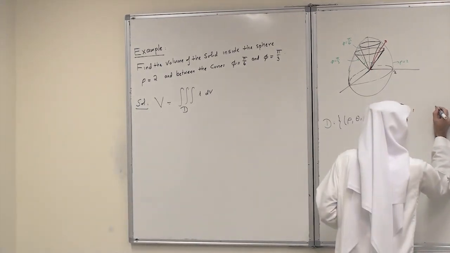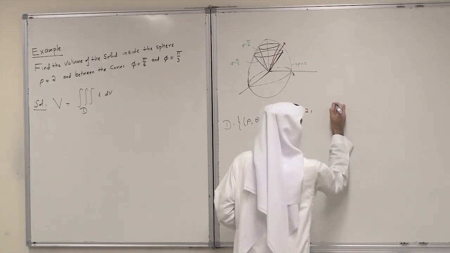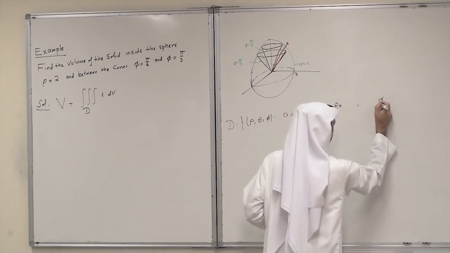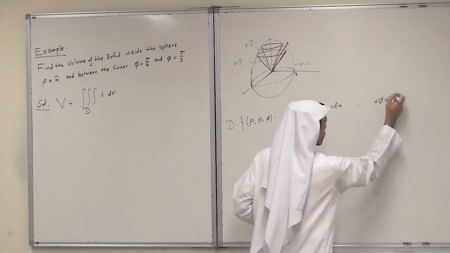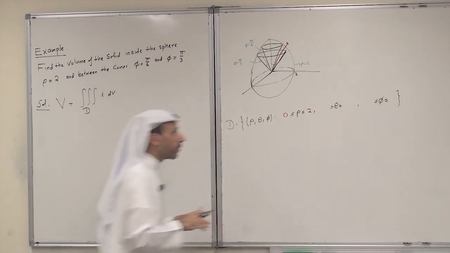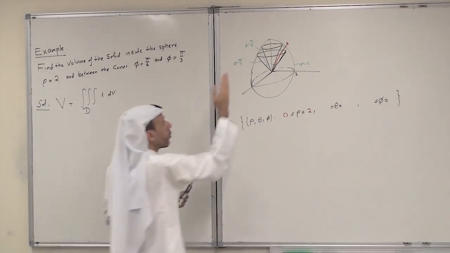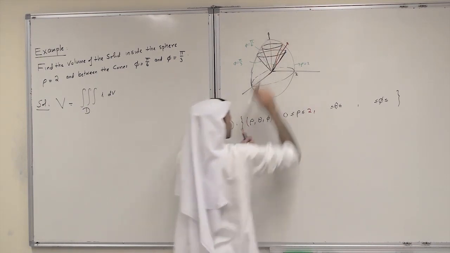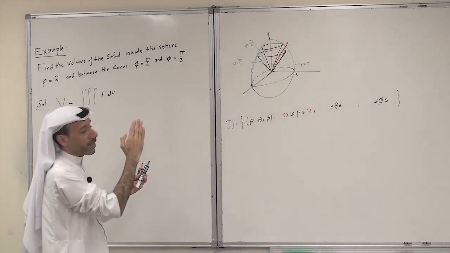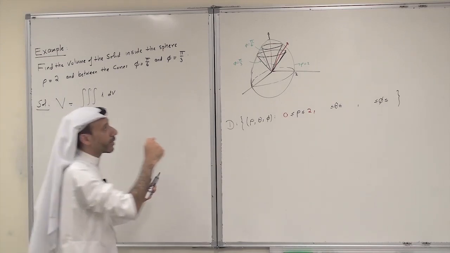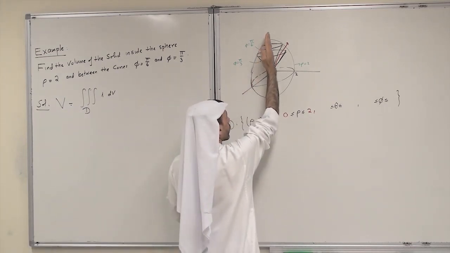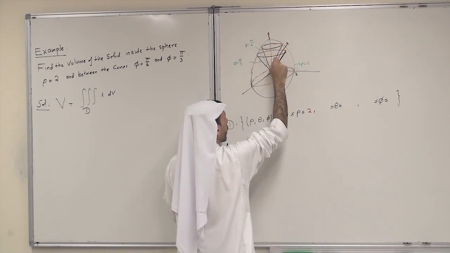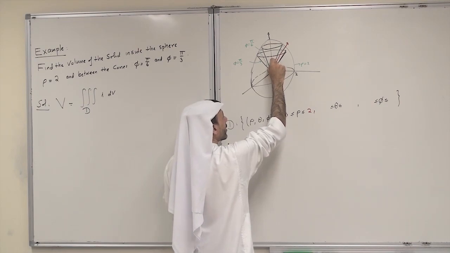Now the next part, theta and phi. I will start with phi first. Phi is the angle that we measure from the positive z-axis. So what are the possible angles inside the solid? If I start from the positive z-axis and rotate, I will reach pi over 6, and still I am not in the solid.